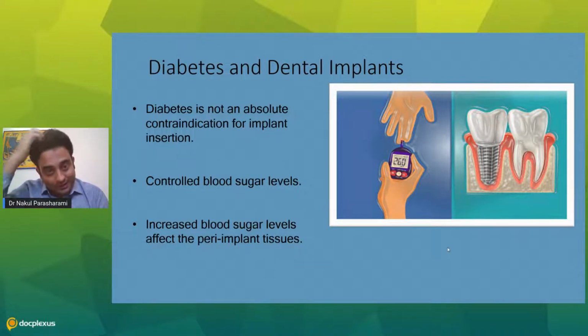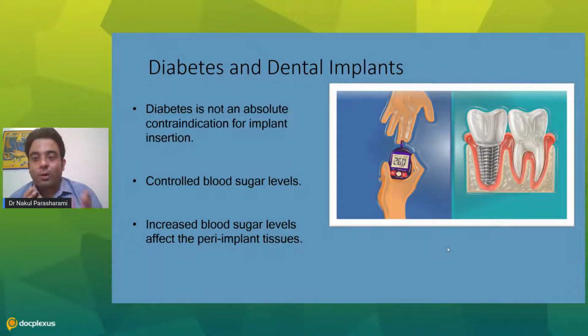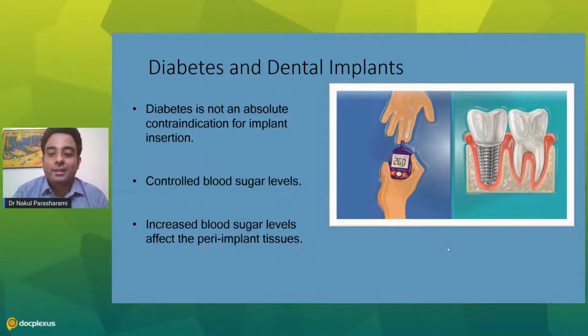So basically, what we need to make sure is that there is a minimum of 3 weeks of controlled blood sugar levels before undertaking the patient for dental implants, and a controlled blood level should be maintained for at least the next 4 to 6 weeks after implant insertion, till the surrounding soft tissue gets healed and osseointegration has been achieved.